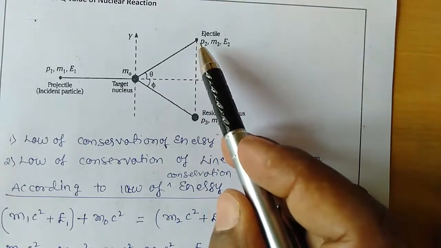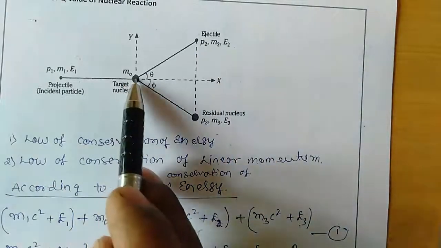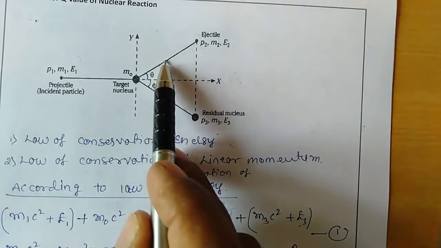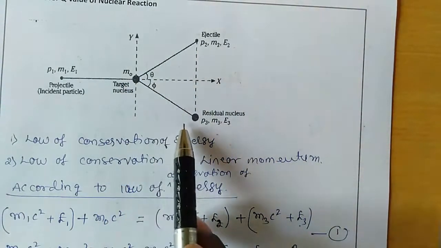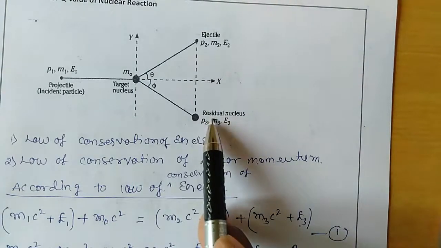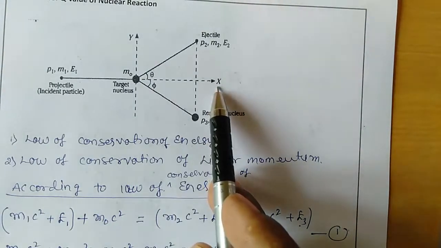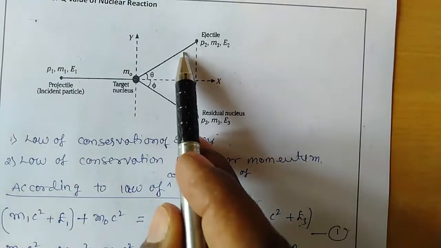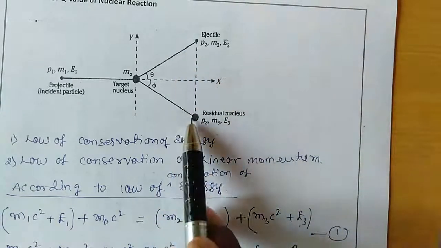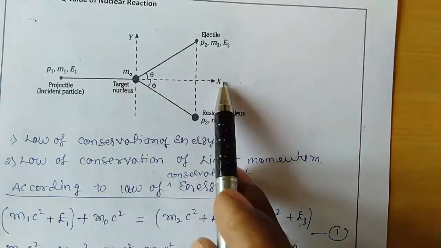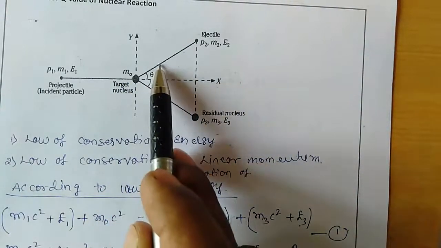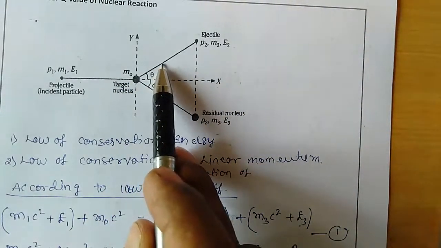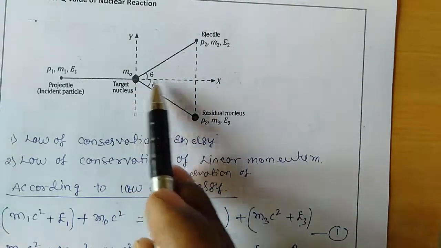Now we need the value of the linear momentum of the ejectile and the linear momentum of the residual nucleus along the x-axis. So we have to resolve the components of the momentum of the ejectile and the residual nucleus along the x-axis, and calculate what the value will be along the x-axis.